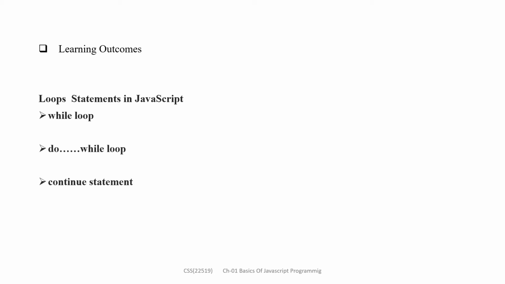Firstly, we will see today's learning outcomes: while loop, do while loop, and continue statements. These are the loop statements in JavaScript. And we conclude our first chapter with the last topic, that is getters and setter properties in JavaScript. So we will see one by one.